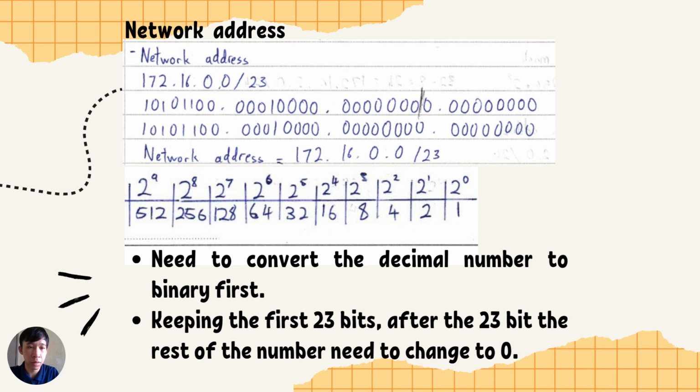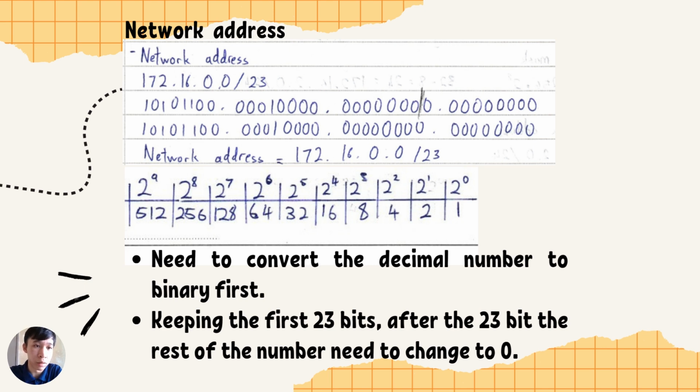Next, the network address. For calculating the network address, we need to convert the decimal IP address to binary first, so we can use powers of 2 to calculate it. Each part of the IP address in binary only has 8 bits, so we look at 2 to the power of 0 up to 2 to the power of 7.